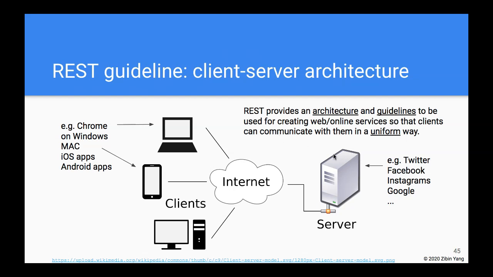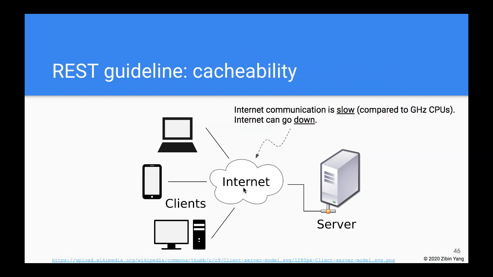Okay. So the second REST guideline we want to talk about is cacheability. Now, in order to motivate this topic, let's think of some of the not so pleasant experiences we might have had with the internet, right? Sometimes we go to a particular website and it takes a long time to load for some reason.